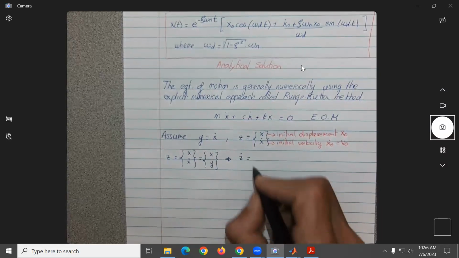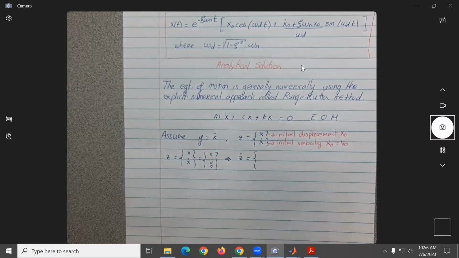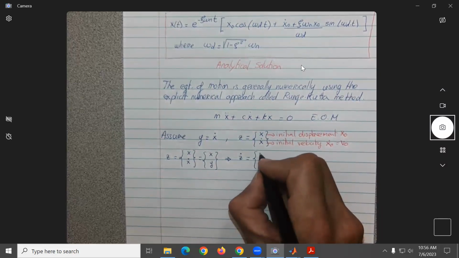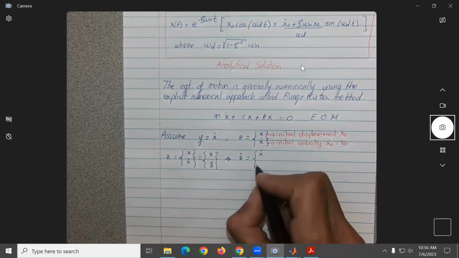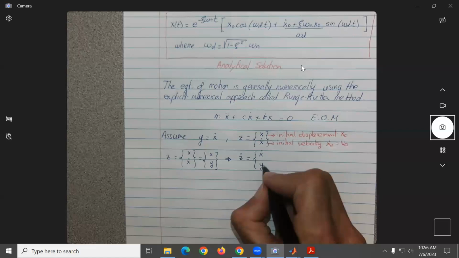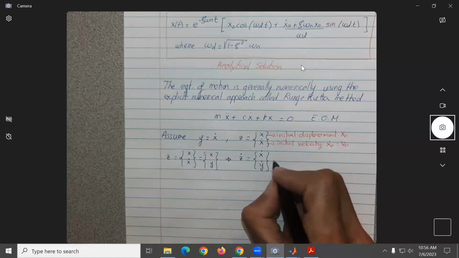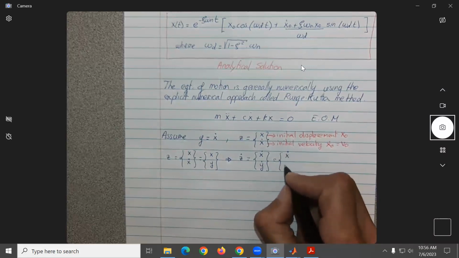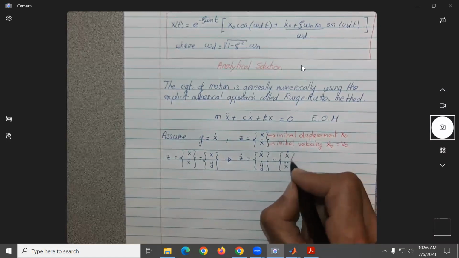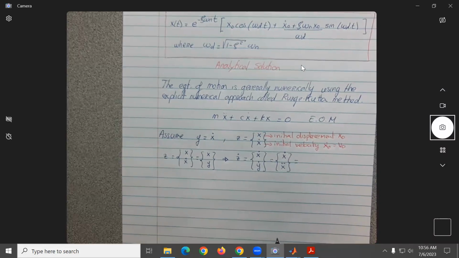But what's important is that now, if you do z dot, this is going to be equal to what? x dot, correct? Or if you want y dot, which should be the same as x double dot.